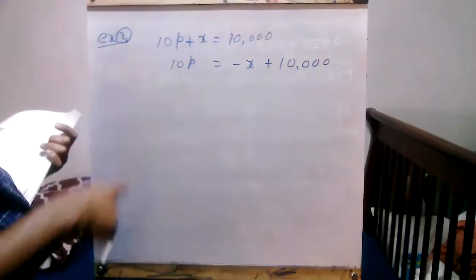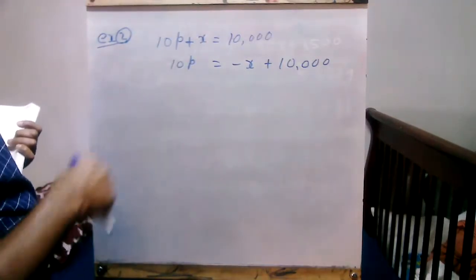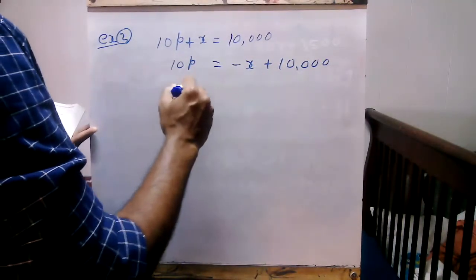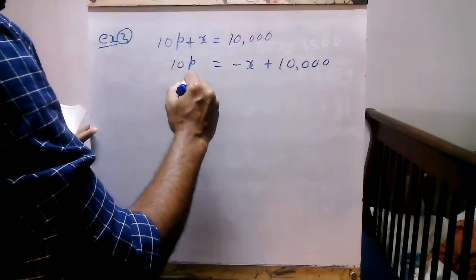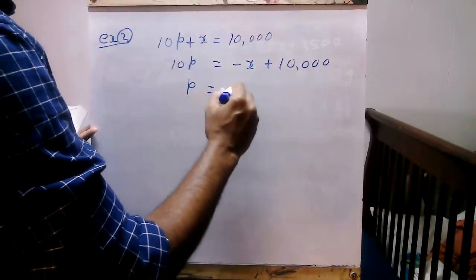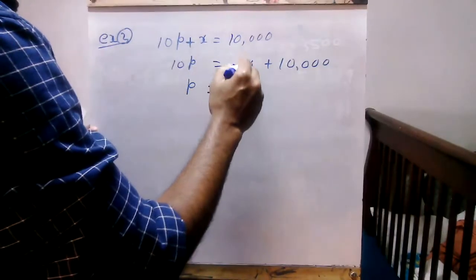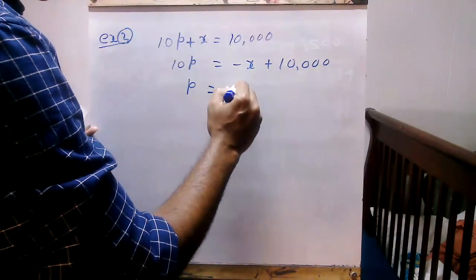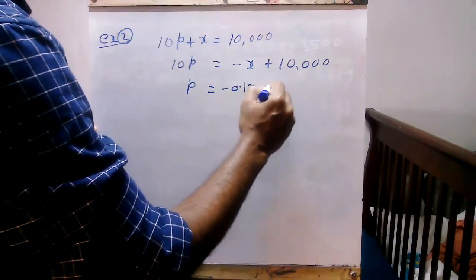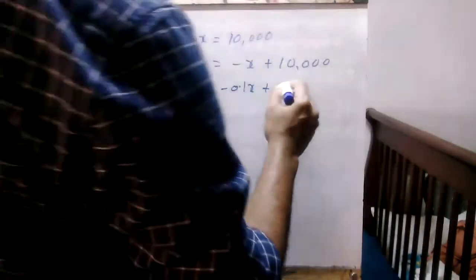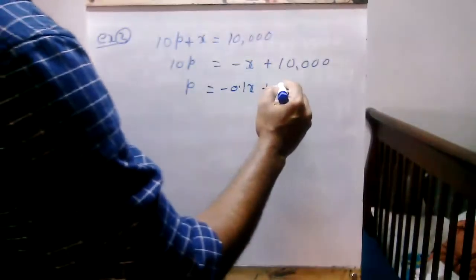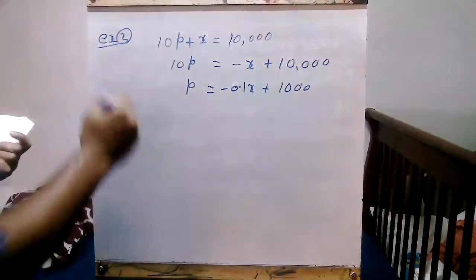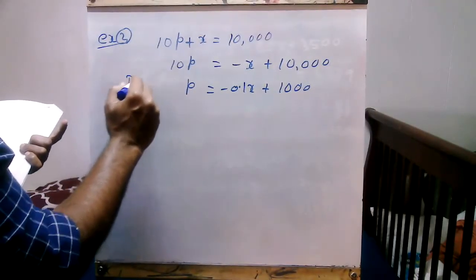We use simple p for price and capital P for profit. Divide everything by 10, we get p equal to negative 0.1x plus 10,000 divided by 10 is 1000. So this is our demand function.